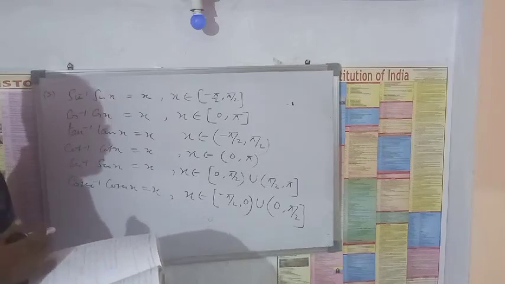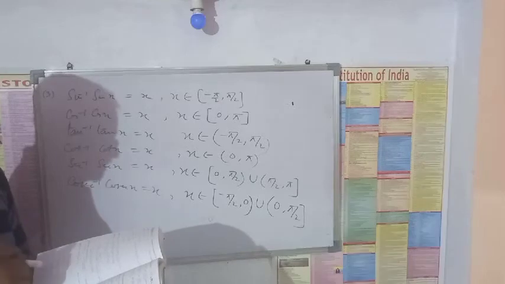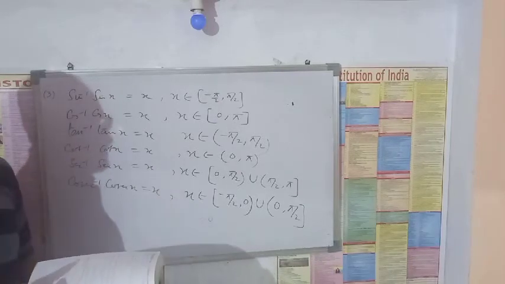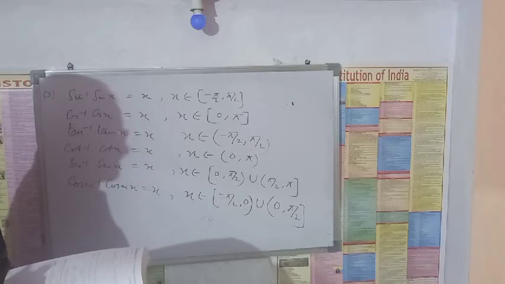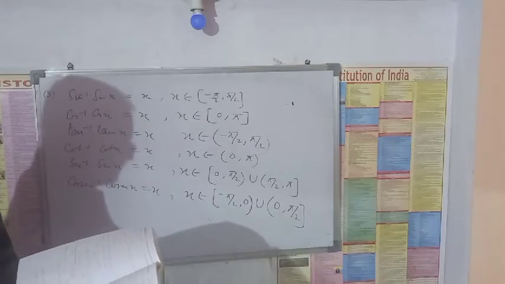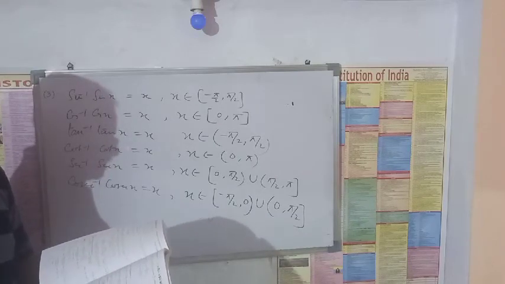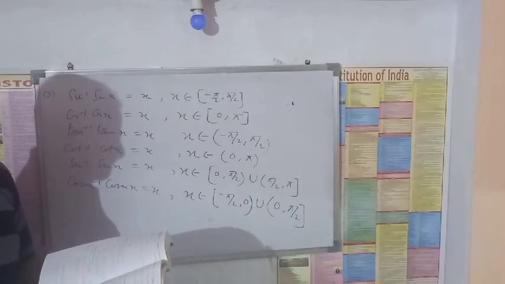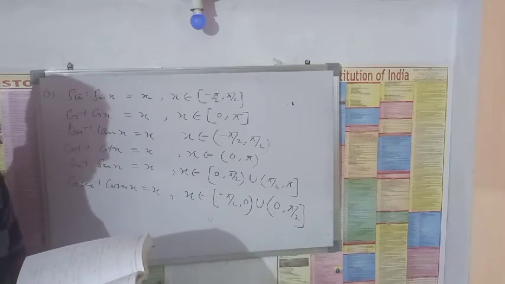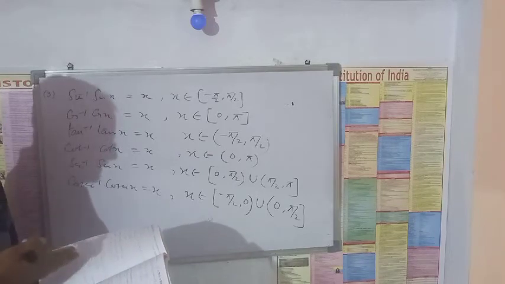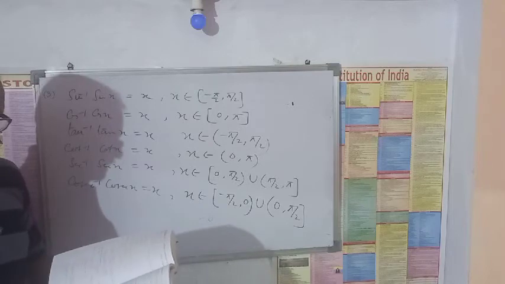When I was writing the formula for the derivative of sin inverse, cos inverse, tan inverse to cosec inverse, we have mentioned the domain of differentiability. So you can write directly the domain of differentiability of sin inverse x. So what is the domain of differentiability of sin inverse x? Minus 1 to 1, open interval minus 1 to 1. Cos inverse x same, minus 1 to 1, tan inverse x whole the real numbers. So we have already written it, what is the domain of differentiability, so you can write the answer directly.